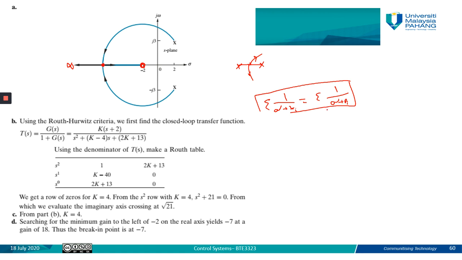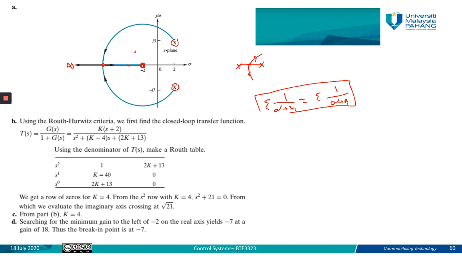The imaginary values will not be located on the real axis. Okay, for that there is no breakaway point here, because our poles are complex. So there is no breakaway point. We only have a break-in point.